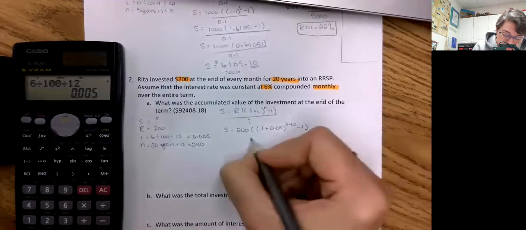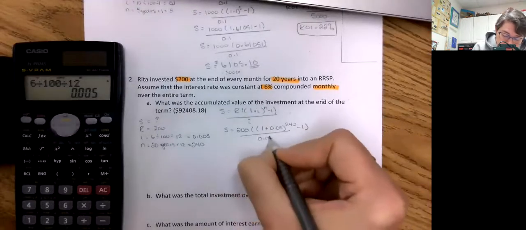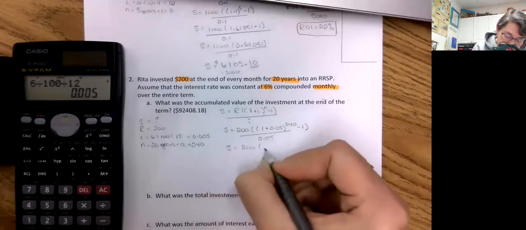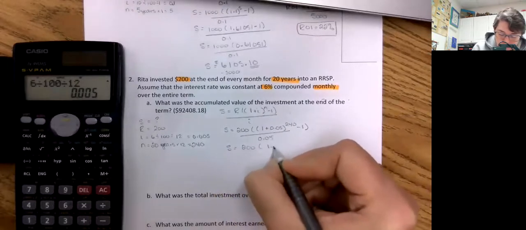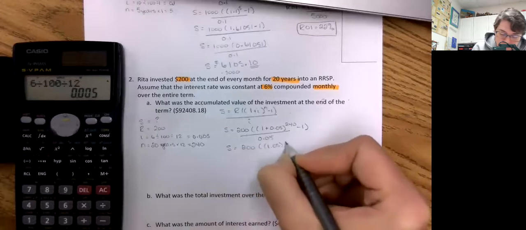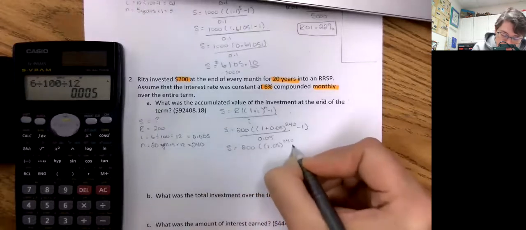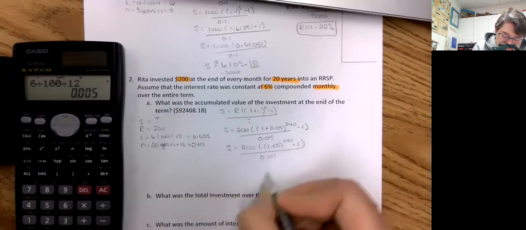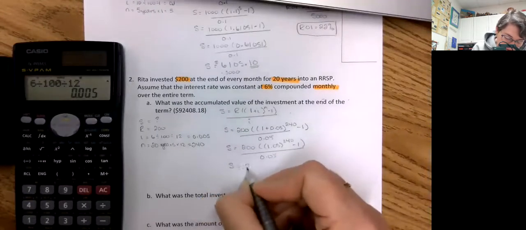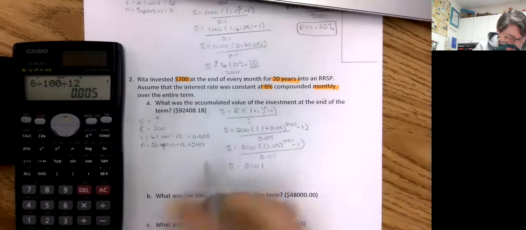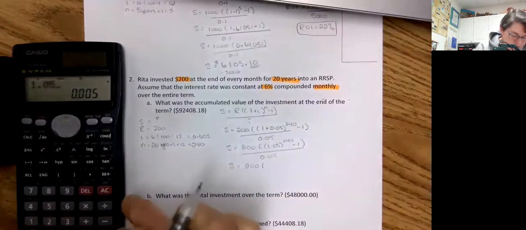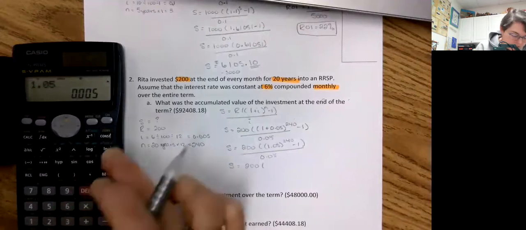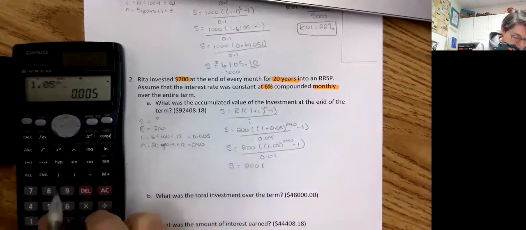Minus 1, over 0.05. 200 times 1.05 to the 240 minus 1, over 0.05. 200, 1.05, power 240.